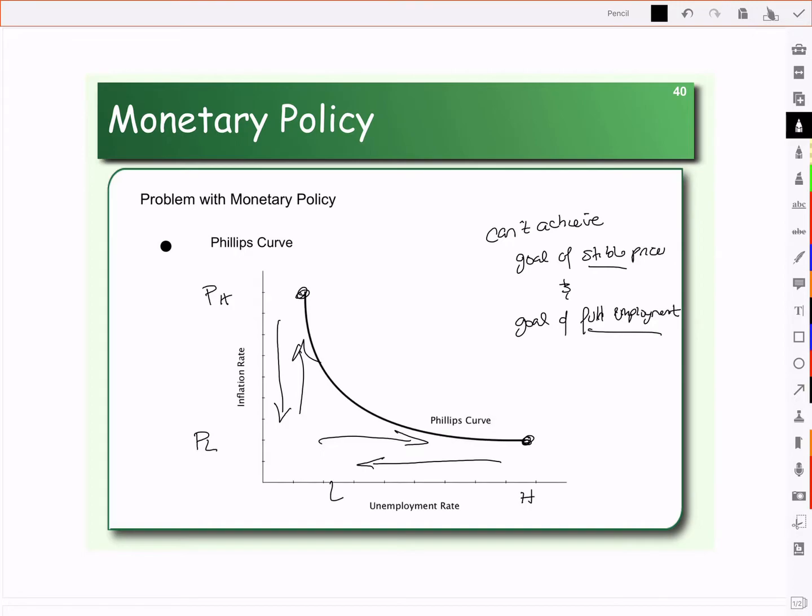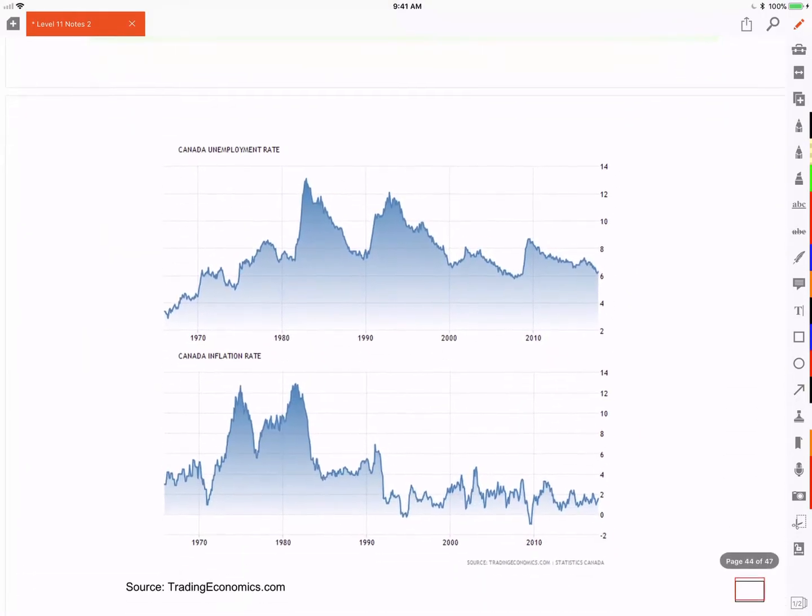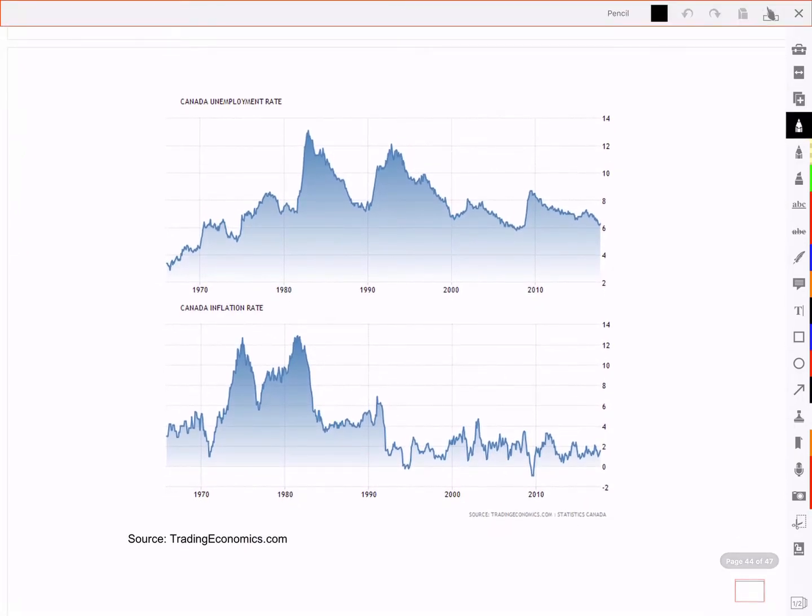But before we leave the idea of the Phillips curve, let's look at some historical data. So here we have Canadian unemployment rates and inflation rates. So notice here in the 80s, we have unemployment going up and prices going down. And then in the 90s, you have unemployment rates going up and prices going down.